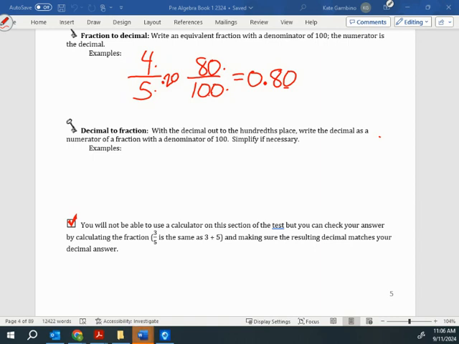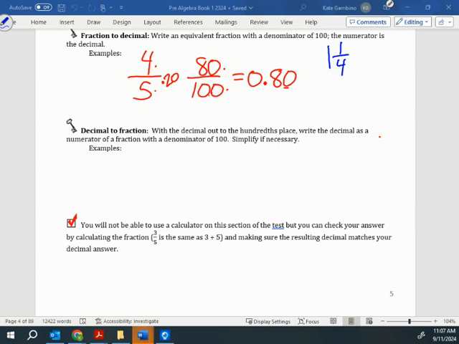So what if I'm given something like 1 1/4? What do I have to do to convert that to a decimal? What's my first step going to be, Robbie? Make it a fraction.